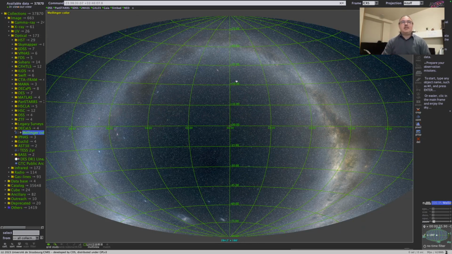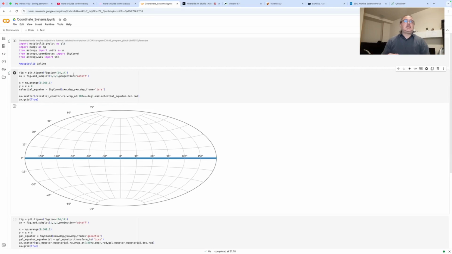And the only things I want to show you here are the 2 poles and this horizontal line, which is the equator. I can represent this in Python, and again, now I have this horizontal line. This is our celestial equator, how we call it.